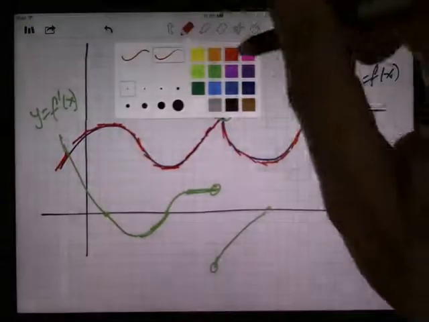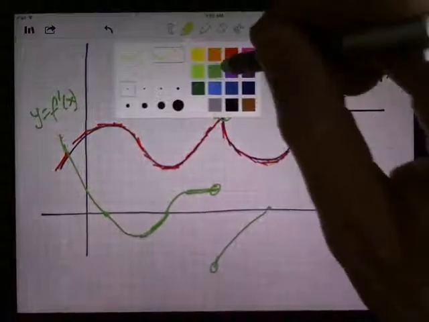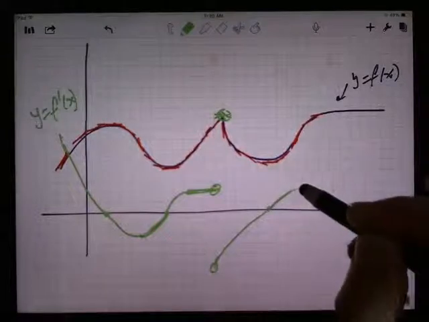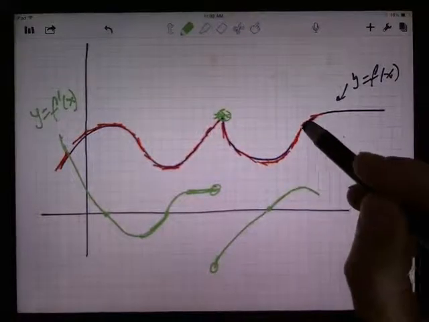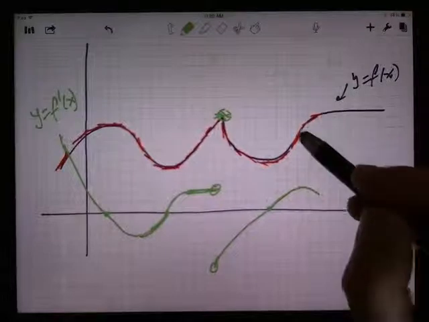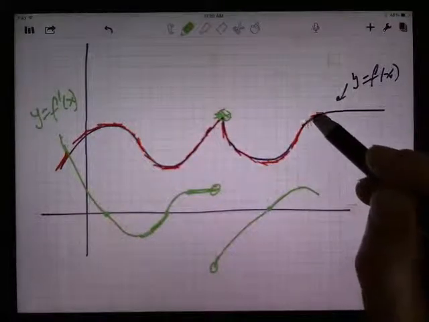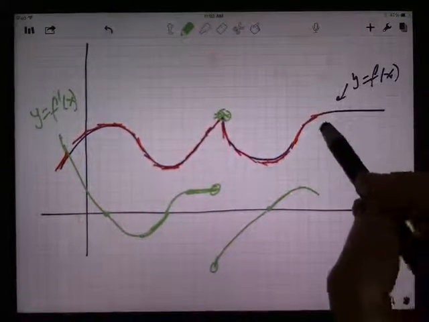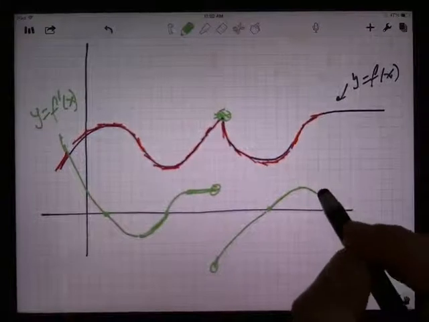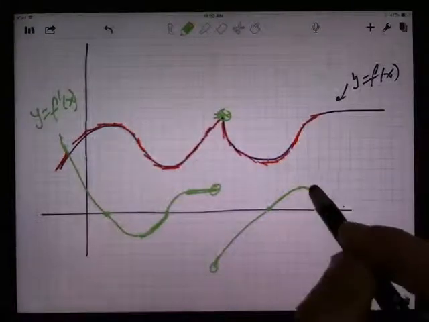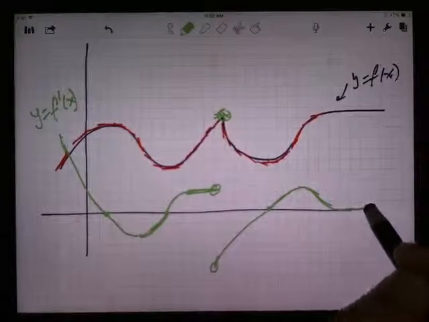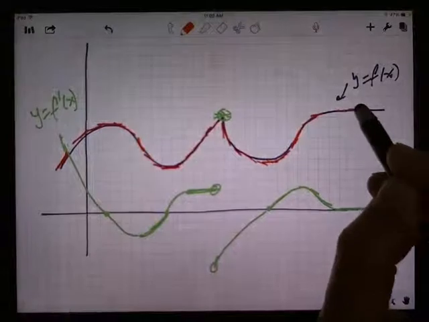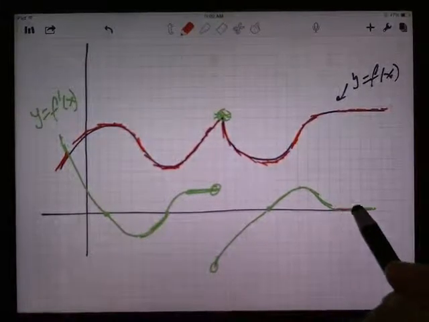So the derivative is headed up until you get to here, and then it's going to start coming back down because these slopes are getting less positive. This is a slope of 3, this might be a slope of 2, and a slope of 1. They're getting smaller, still positive, but smaller. In fact, they're getting very close to a slope of 0, and it sits right there for a while. All through this range, these tangent lines have a slope of pretty much 0. So this comes down like that.